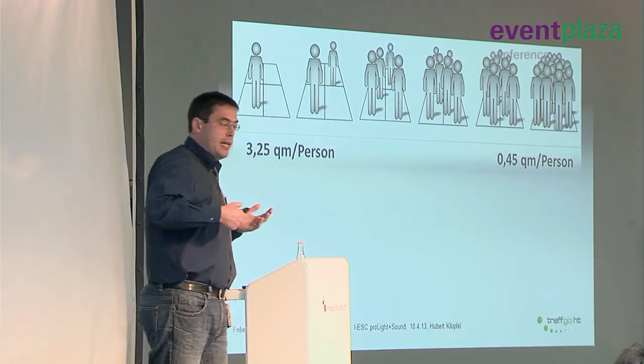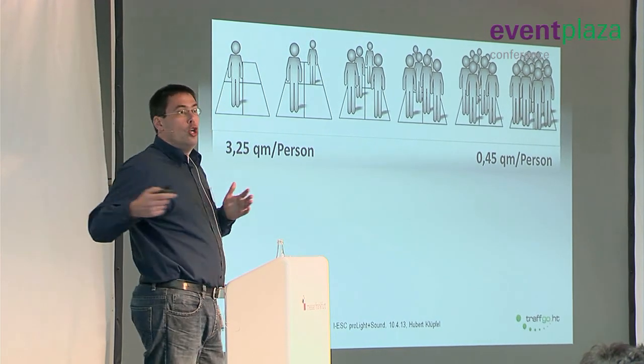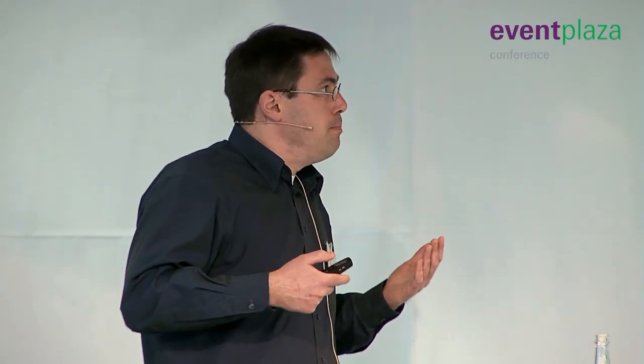So one parameter to determine safety and comfort, a parameter that is relatively easy to capture when it comes to controlling and steering movement, is the level of service. The number of people in a defined area.